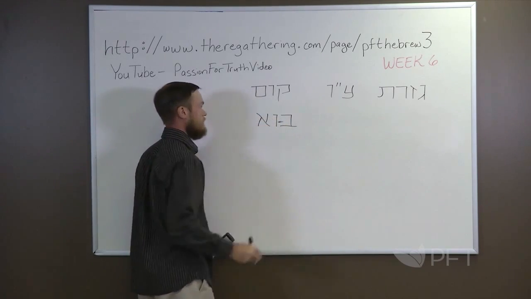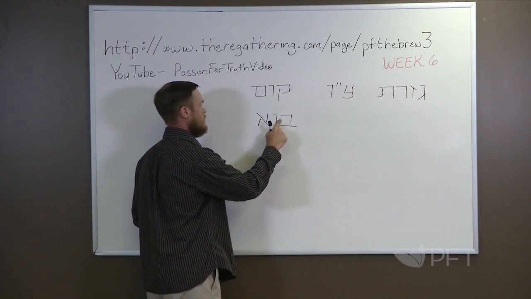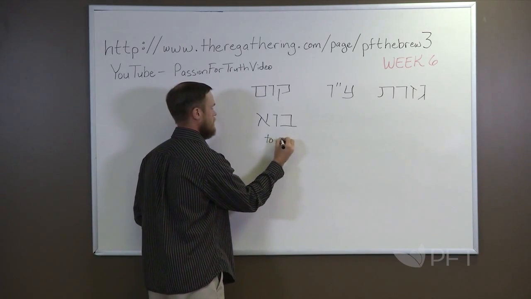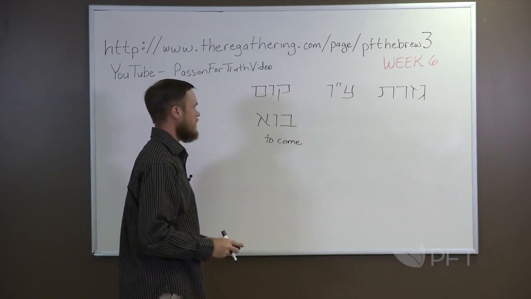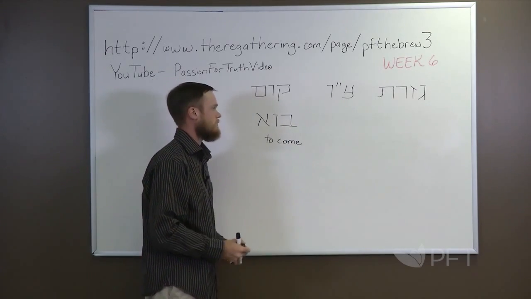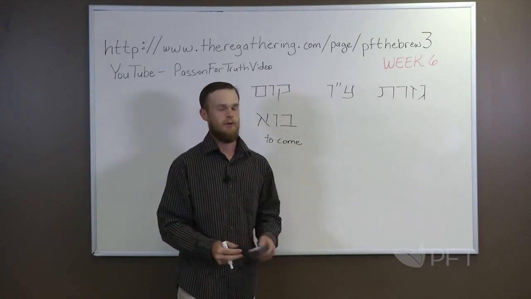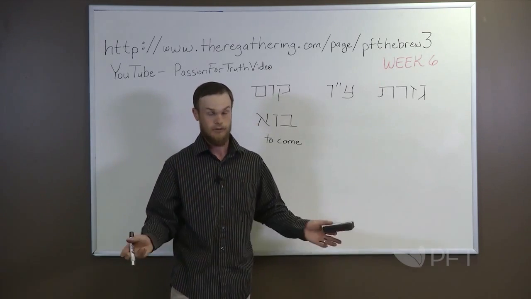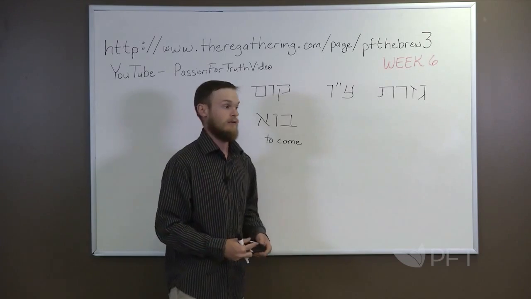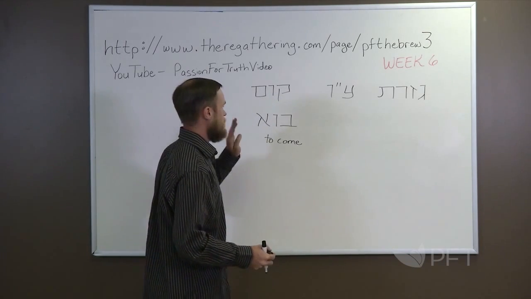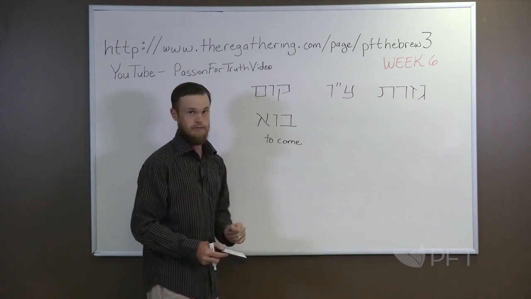Beit Vav Alef, which means to come. Now, how does this follow both conjugation patterns? Because the vowels and things are different between Lamed Aleph and Ayin Vav. Well, it follows the basic pattern of Ayin Vav.